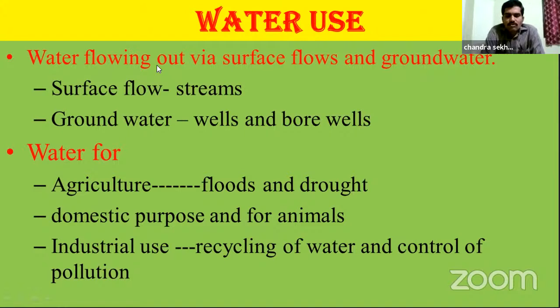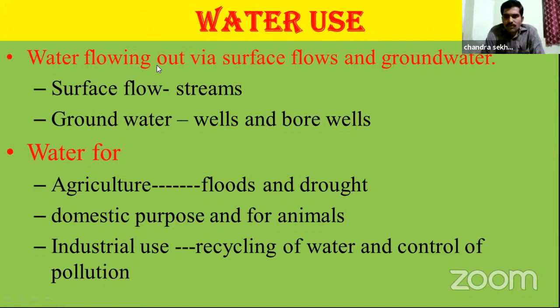When rain water flows on the surface of the earth, some of the water penetrates into the ground. That percolated water is stored on hard rocks, which won't allow water to go deeper. That becomes groundwater. When we dig an open well or a bore well, we get that percolated water to the surface. So we have two major types of flows.